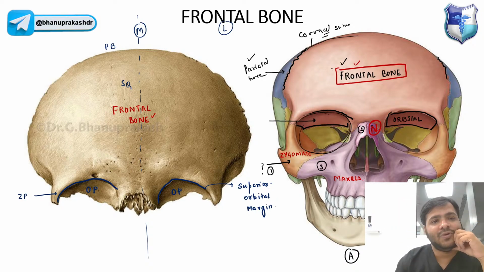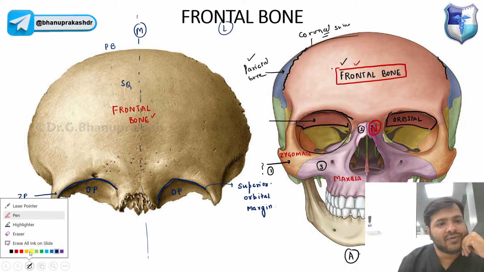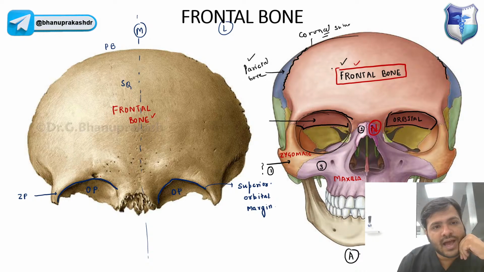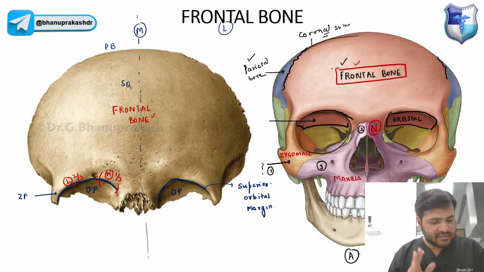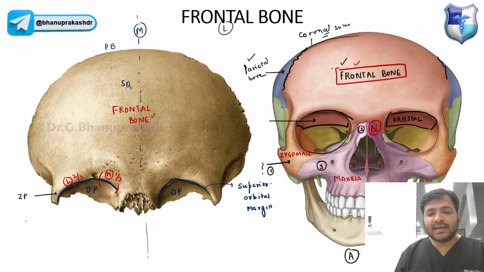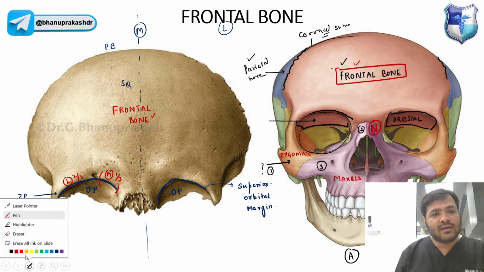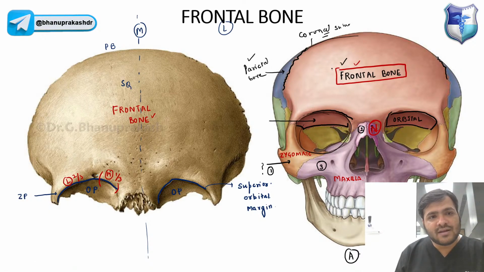Now guys, you are going to tell me, I am dividing this line into medial one-third and lateral two-thirds. At the junction of the medial one-third and lateral two-thirds, you will get a foramen over here, a hole over here.